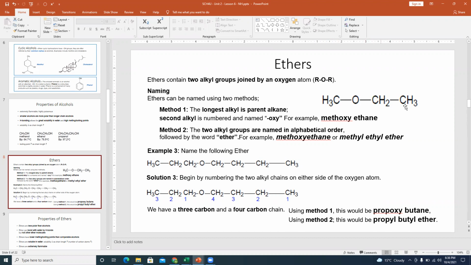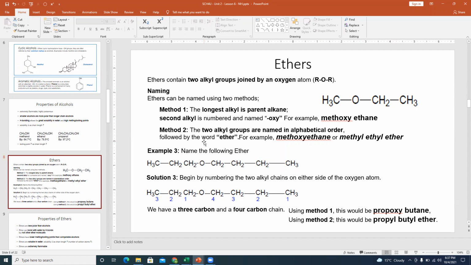So the longer one, which would be the 2 carbon unit, the ethane, that would be the parent alkane. And then this one will be given the ending oxy. So methoxyethane, that would be one way to name this, methoxyethane.